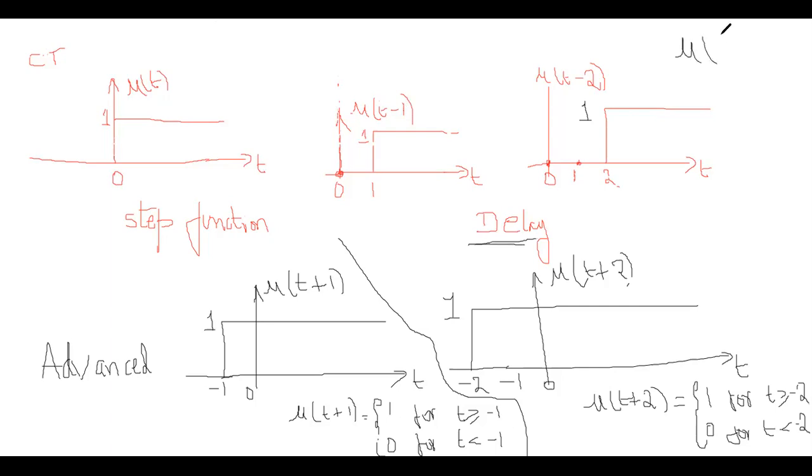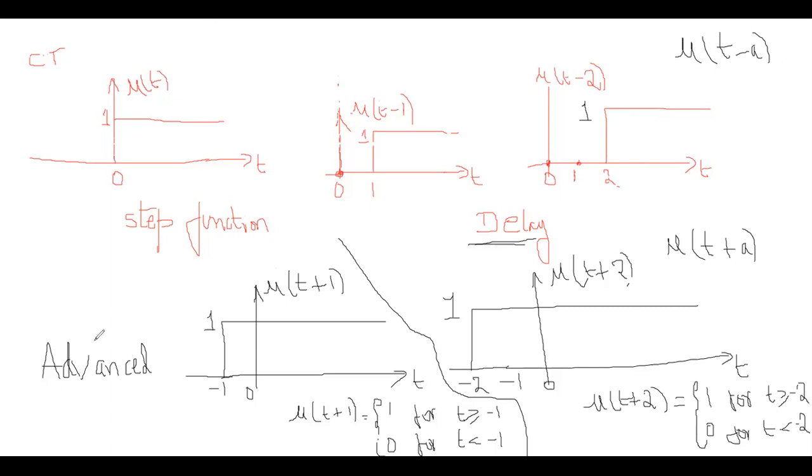Whatever, if I am taking mu of t minus A, that is a delay, and mu of t plus A is an advanced function. That A is either 1, 2, 3, and so on. 1 means one sample is shifted, 2 means two samples are shifted, 3 means three samples are shifted.